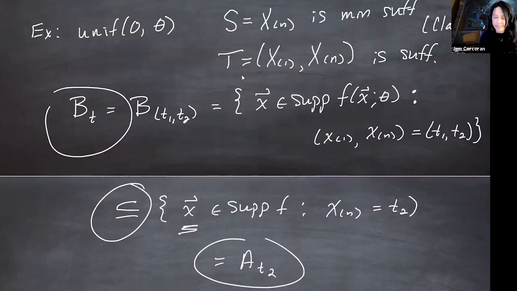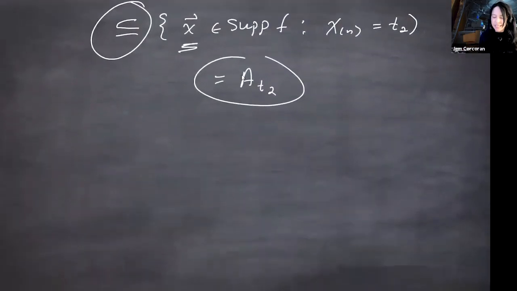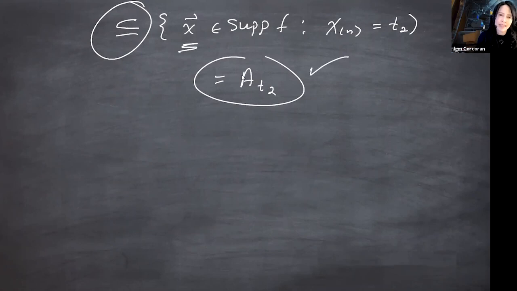Okay, so this is telling us that, and by the way, the A partition came from the minimal sufficient statistic.